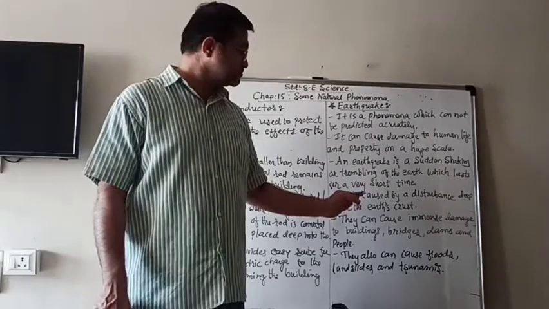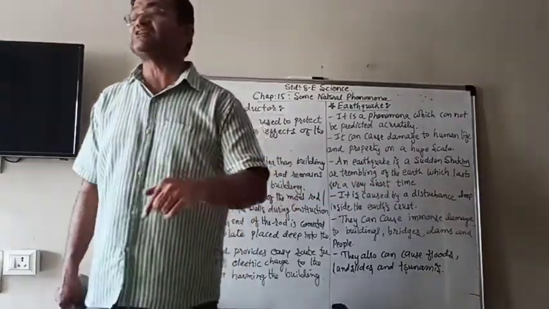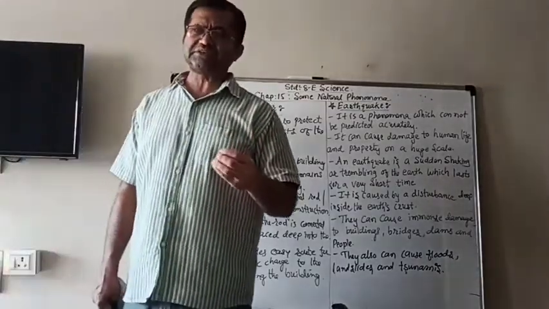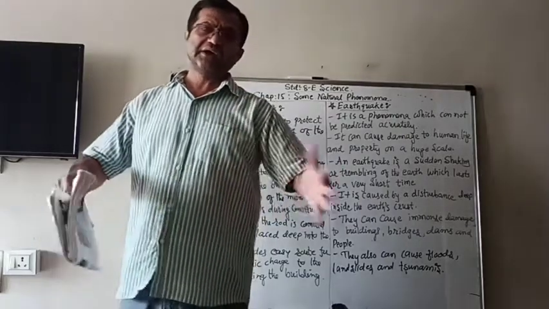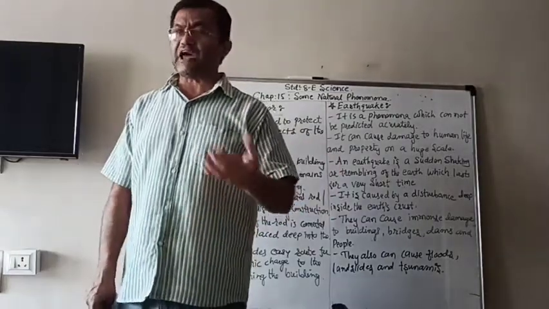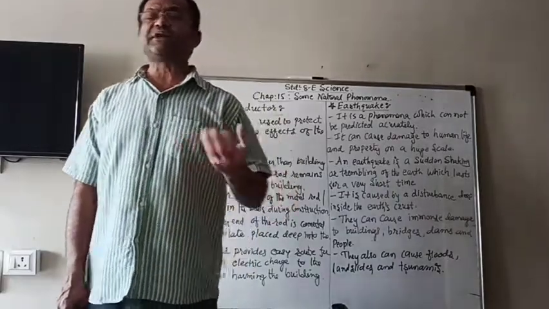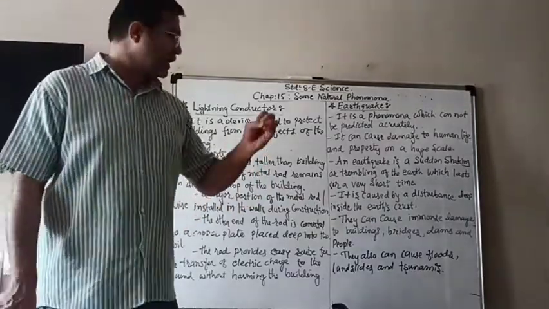It is caused by a disturbance deep inside the earth's crust. Very deep inside, there is some disturbance in the rocks, and that disturbance causes the rocks to shake, and our earth is shaking, which we call the earthquake.